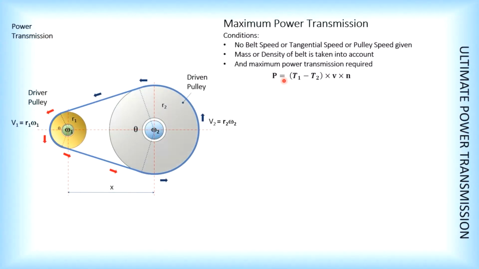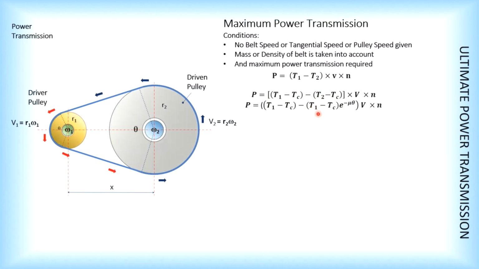To find any maximum or minimum value, we must differentiate the power with respect to the speed or velocity. You can rewrite this by including the TC, or you change your T2 into something in terms of T2 minus TC over T1 minus TC, then you can make use of your belt tension ratio.